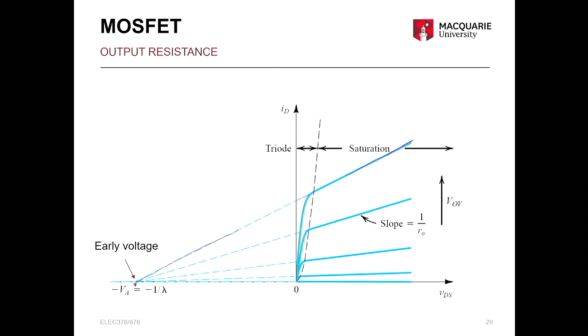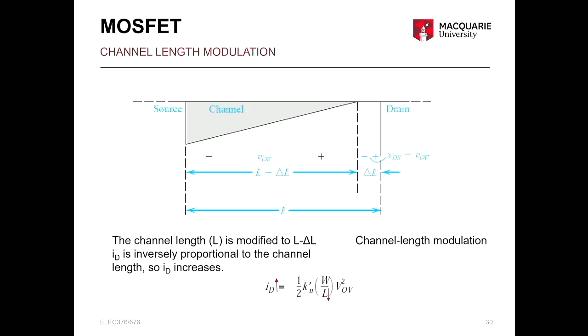Okay, this was discovered by a scientist called Dr. Early, so that is why it's called the early voltage. That voltage is denoted by VA, and that happens because of the channel length modulation.